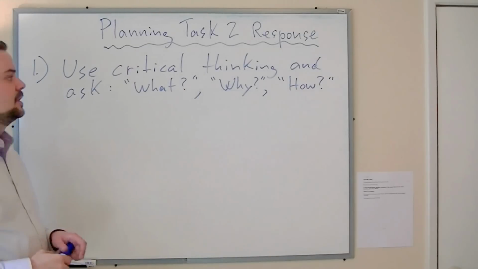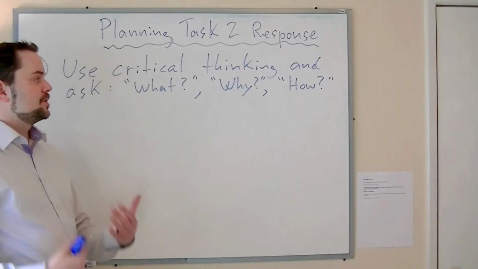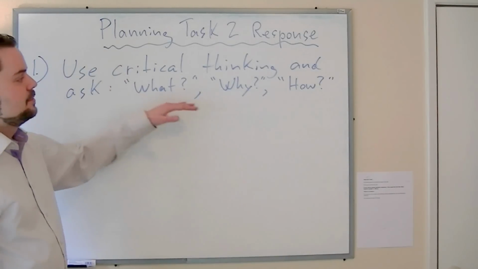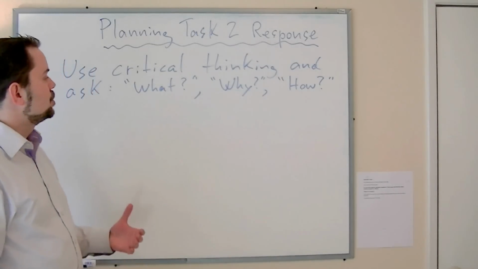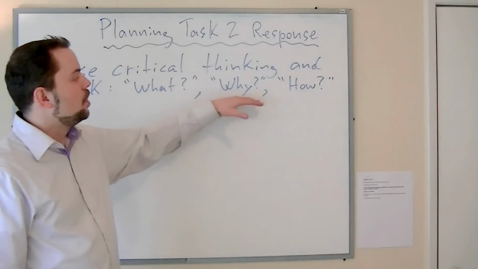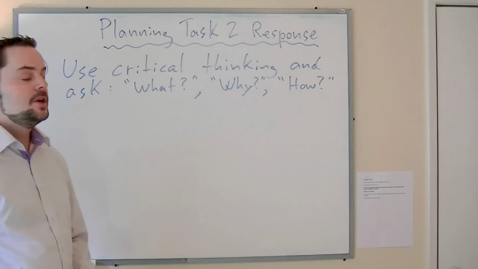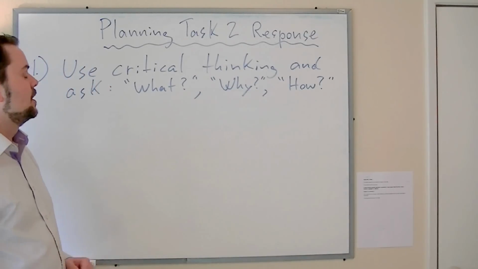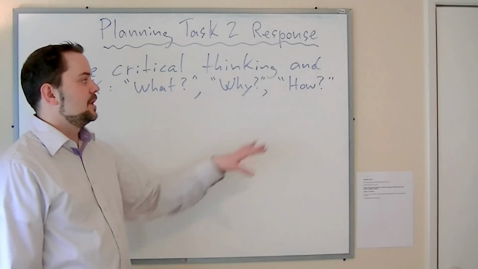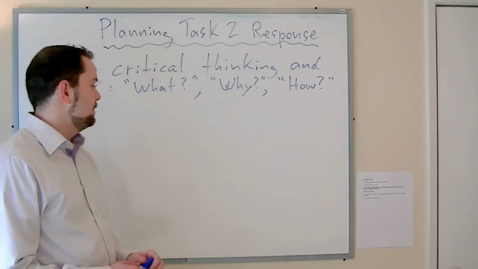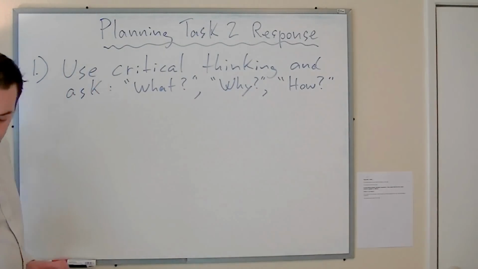Always remember that for clear communication, whether we're speaking or writing, these are the 3 most important questions, and your task 2 essay should try to answer all of these questions regarding the topic and regarding the controlling idea. So what is the topic? Why are we talking about it? How can we see it? Okay, so let's look at the example here.